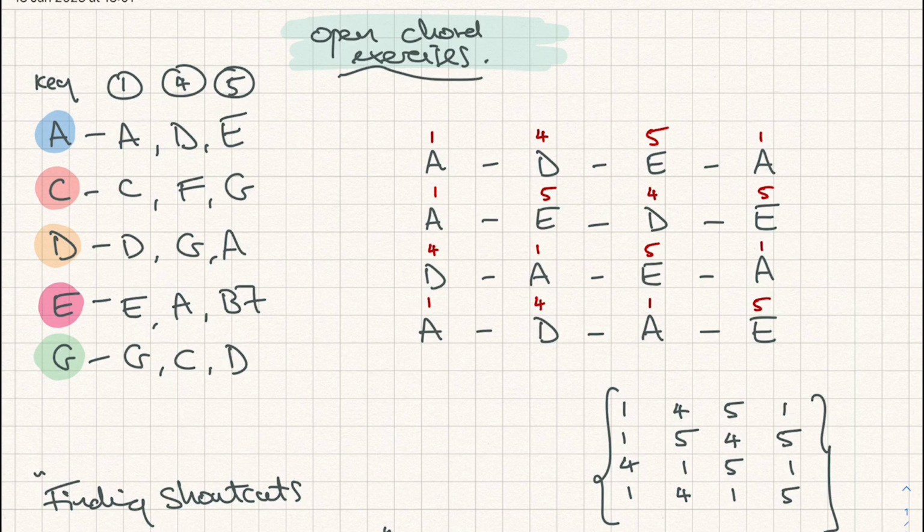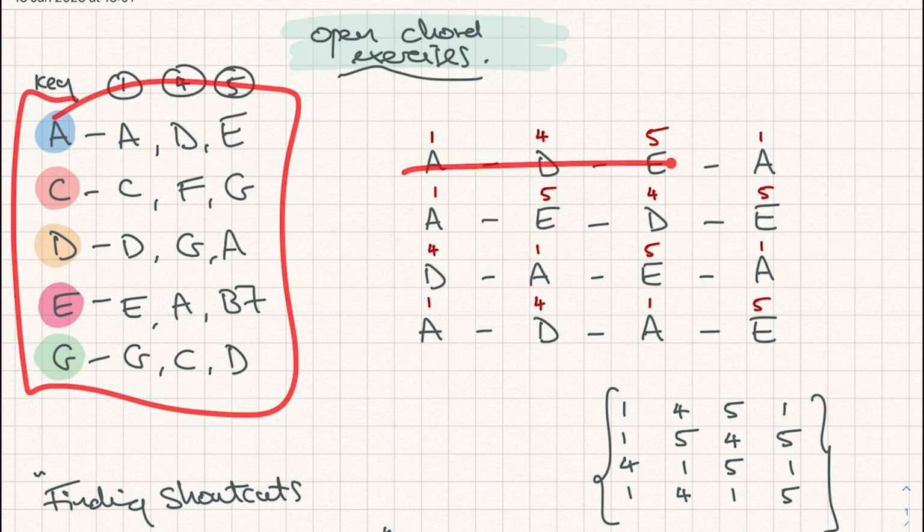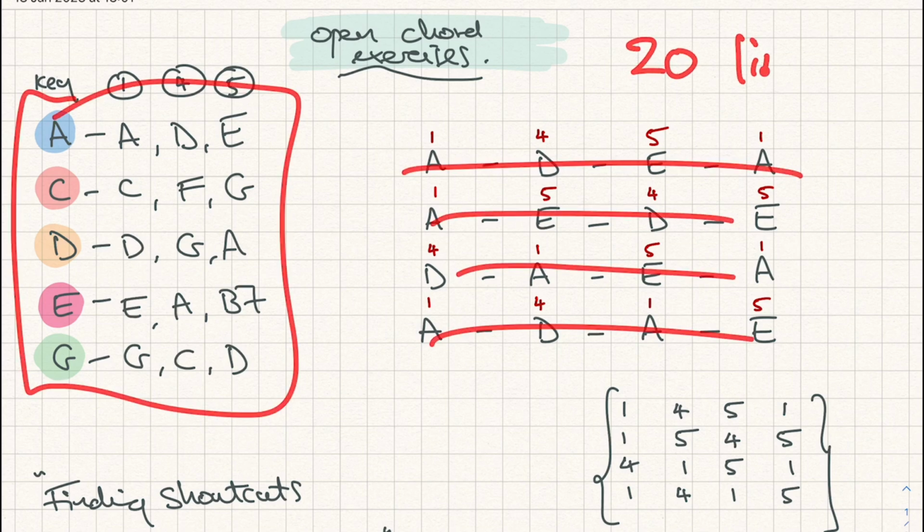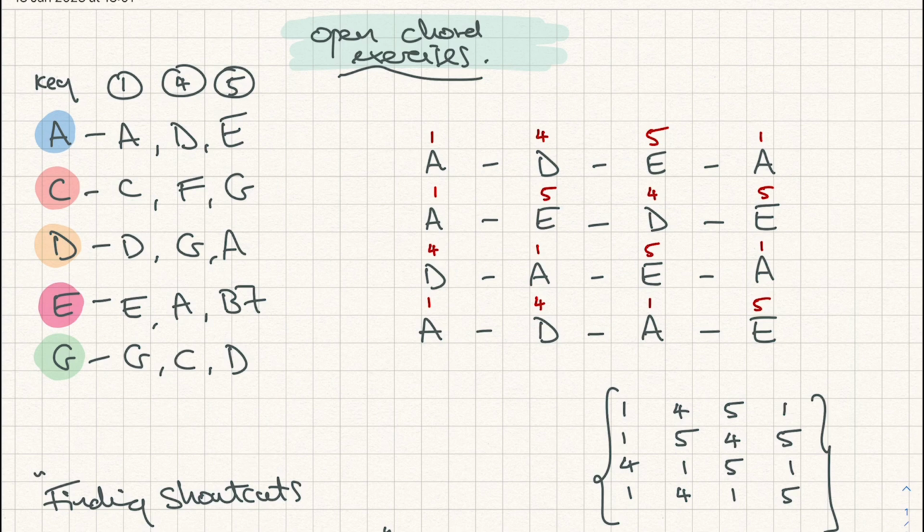Instead of this page featuring 5 different keys with 4 different lines, that would have been 20 lines of guitar chords that I could have filled this page with. But we figured out a better system. We said that in any key, chord 1 is here, chord 4 is here, chord 5 is here.